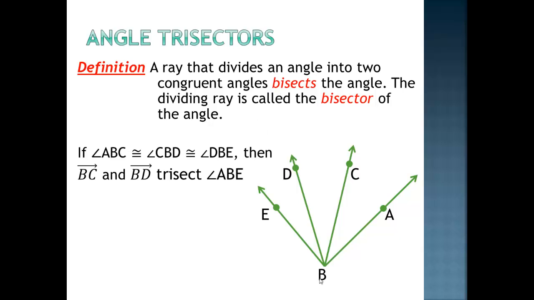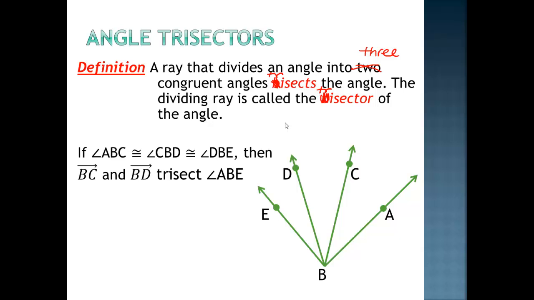So now we've got, if angle ABC is congruent to angle CBD is congruent to DBE, then rays BC and BD trisect angle ABE. So this should actually be 3, and this should be trisects, and called the trisector.